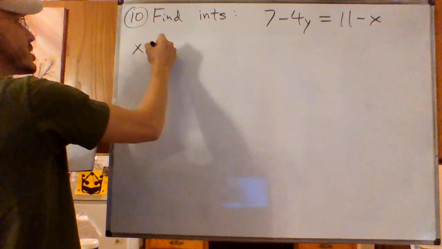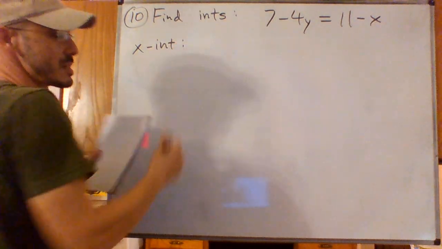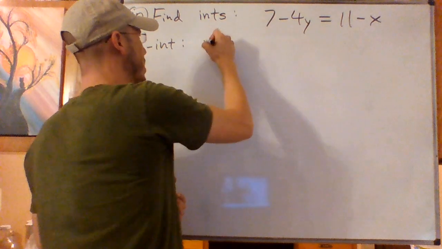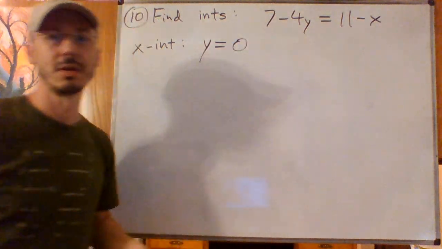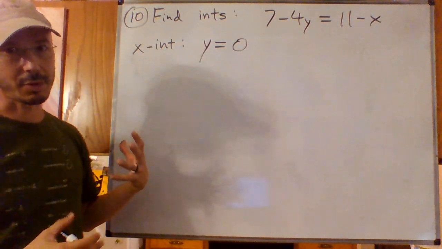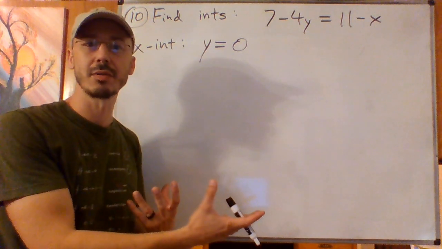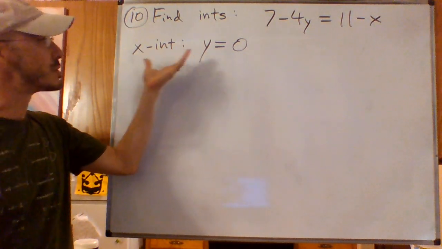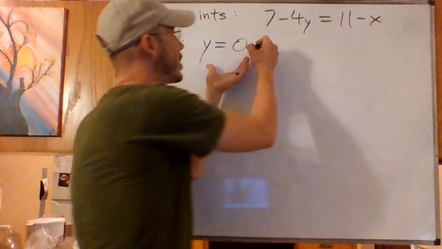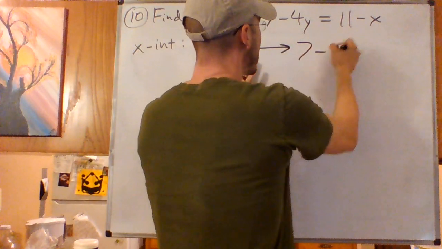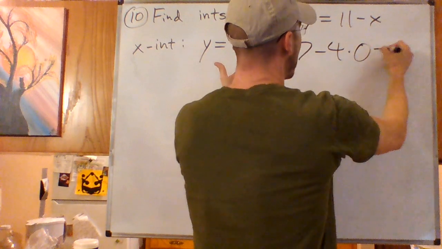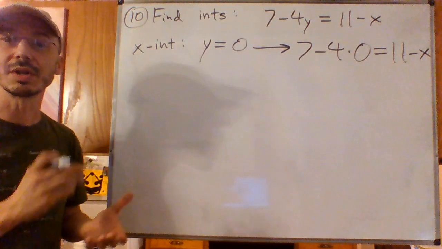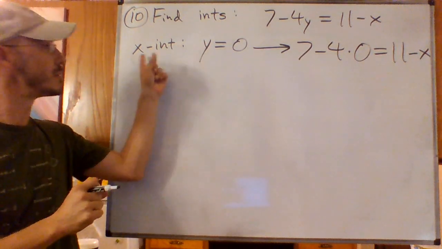You don't have to find these in a particular order, but for the x-intercept, we set y equal to 0. For the y-intercept, you set x equal to 0. In particular, for the x-intercept, you set y equal to 0 and substitute it into the equation so you can solve for x. That'll give you the x-intercept.